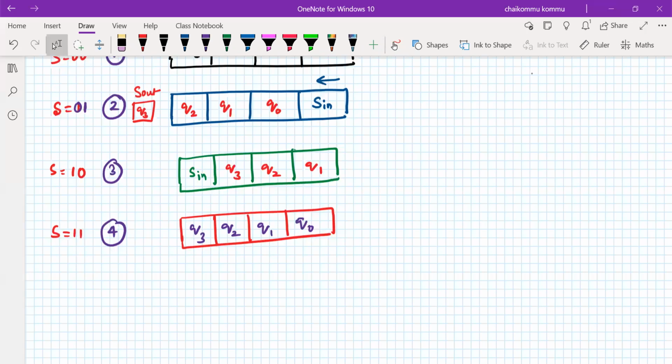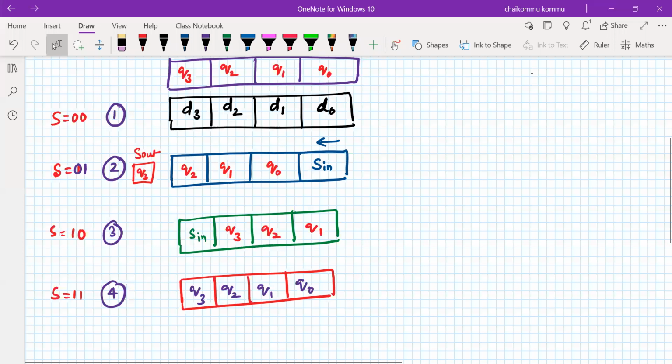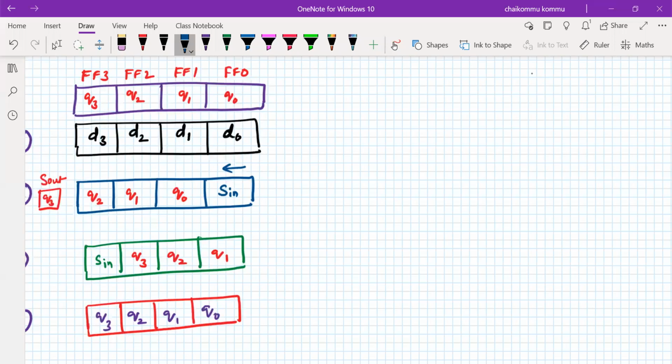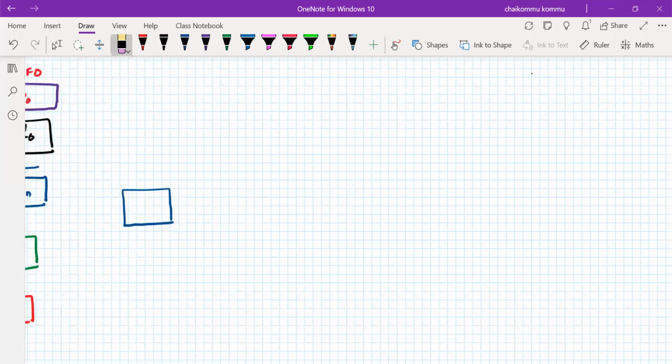So shall we write this diagram then? It's very easy to write. Okay, that means we need to know that, see here, carefully observe this point. So of course, since it is a register, the flip-flops are there. Okay, these are the flip-flops. How many flip-flops are there? A 4-bit register means 4 flip-flops are there.